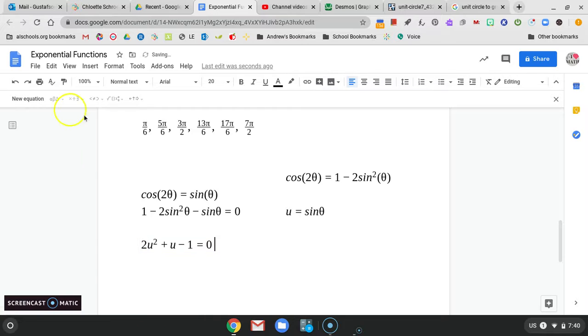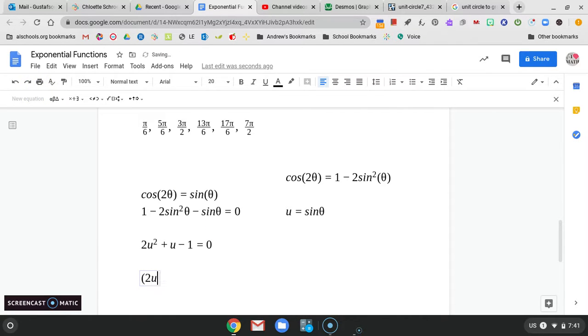There we go. So I replaced sine of theta with u. So sine squared theta became u squared, sine theta became u. 1 is still 1. I multiplied everything by -1 just to make this into a standard form. That isn't necessary though. You don't have to do that last bit. I can factor this. You could use the quadratic equation if you wanted. I'm going to factor it.